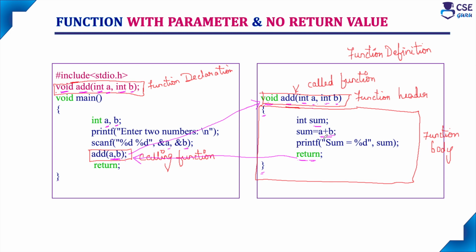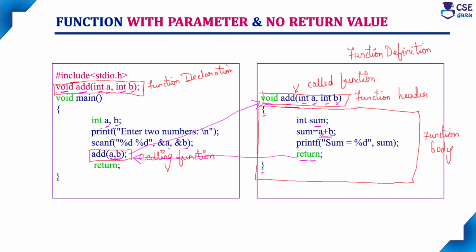Add those two values. These two values, where we will get the value for A and B? This calling function, what is the value of A and what is the value of B? That will be sent to the called function, and the value will be carried here with these variables A and B. So now this user-defined function will have an internal store of these two variable values, which is passed as a parameter from the calling function to the called function.